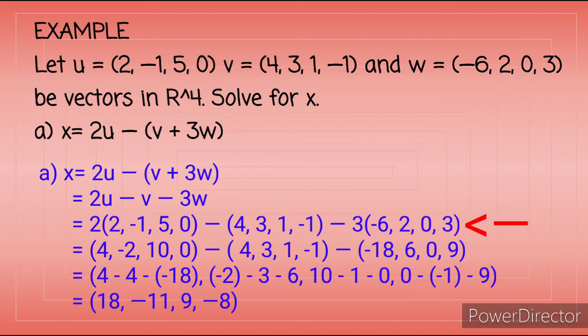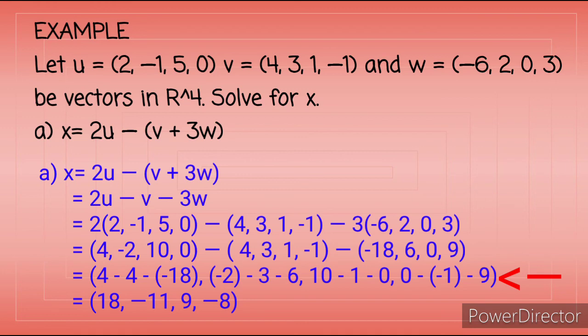Substitute the values of u, v, and w, then it becomes 2 multiplied by 2, negative 1, 5, 0, minus 4, 3, 1, and negative 1, minus 3 times negative 6, 2, 0, and 3, which is equal to 4, negative 2, 10, 0, minus 4, 3, 1, negative 1, minus negative 18, 6, 0, and 9.